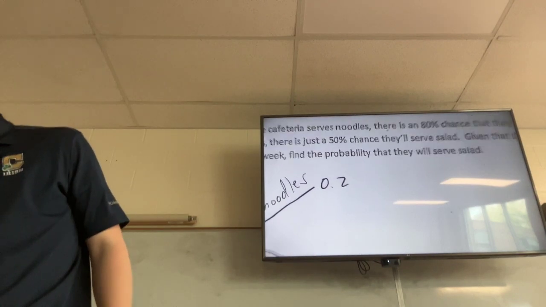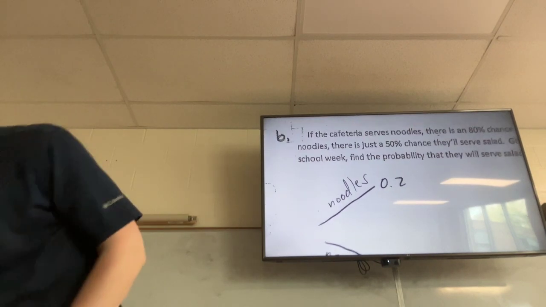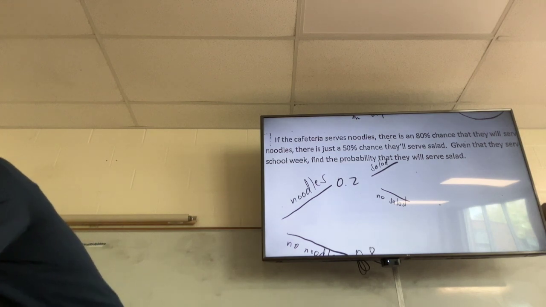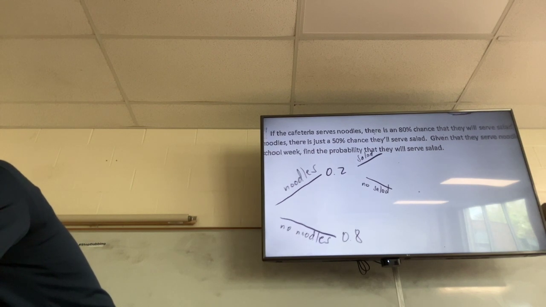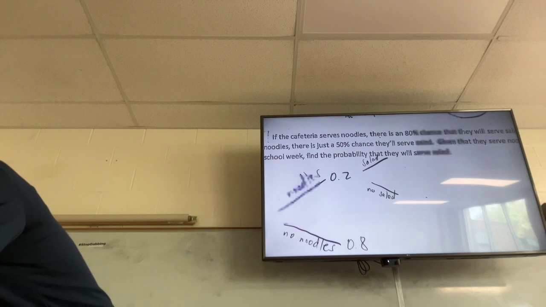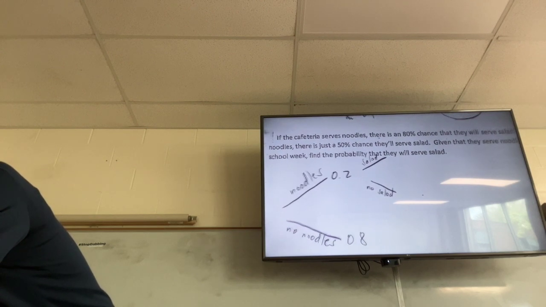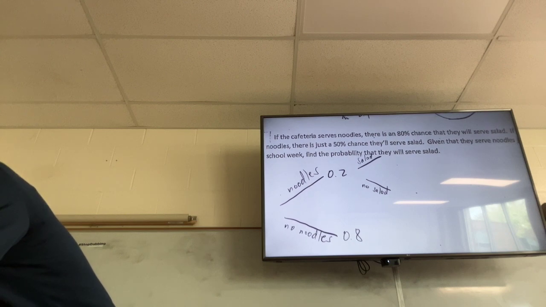All right, and then let's say they serve noodles. If they do serve noodles, what's the probability of salad? What's the probability of no salad? The probability of salad given that they serve noodles is 80%, 0.8.